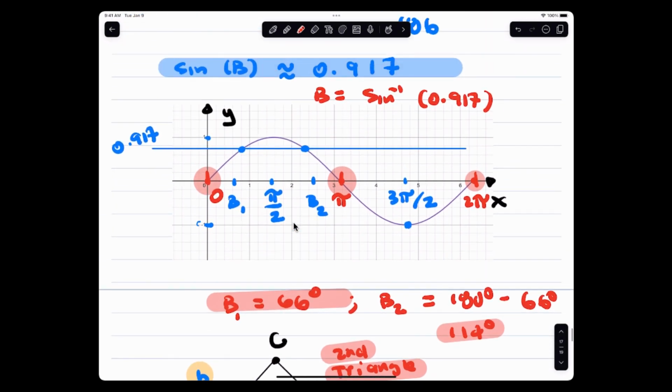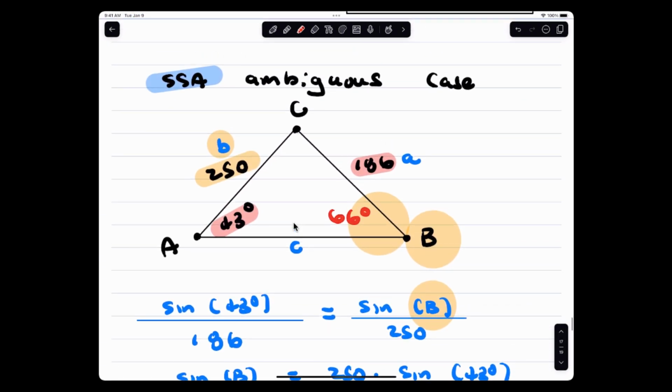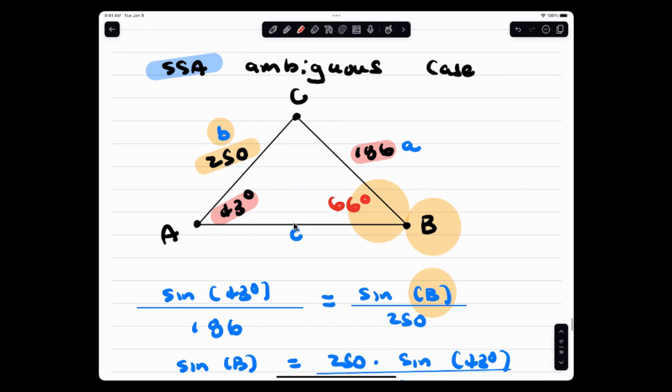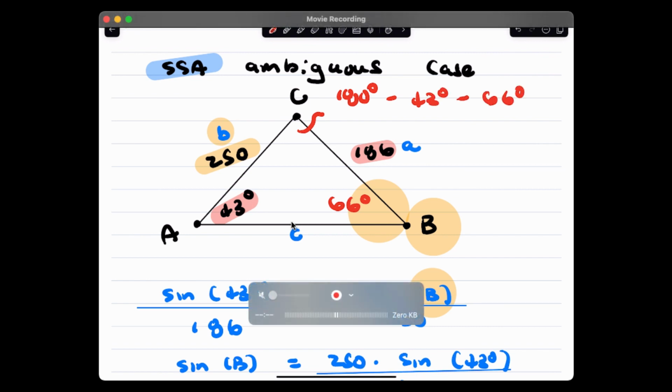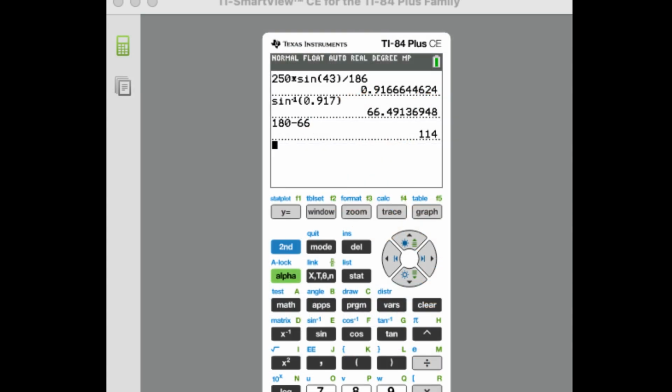So go back now, ladies and gentlemen, to the first triangle here. How do I get angle C in the first triangle? If I have two known angles, 180 minus 43 minus 66 degrees, what do you guys end up with? 71 degrees.